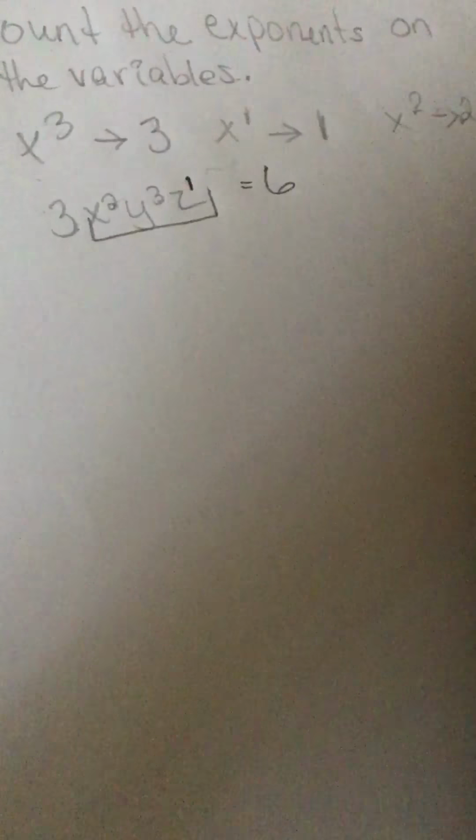Now, let's say I had a binomial or even a trinomial. Let's do a trinomial. So a trinomial is 2 plus 5xy z to the second power plus ABC.